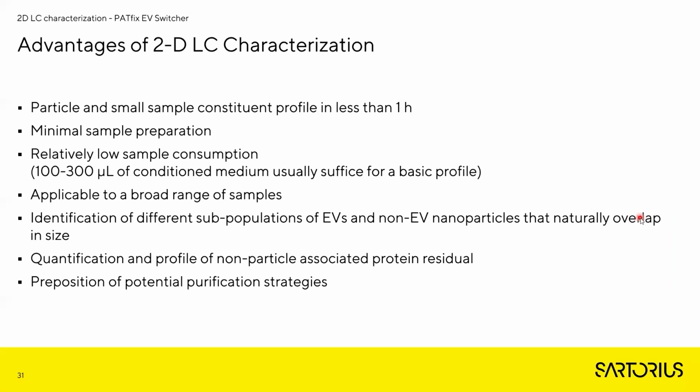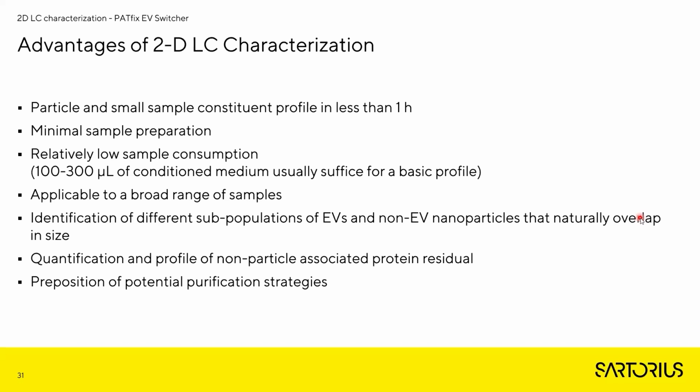So the main advantages of such a two-dimensional approach is that a general and very detailed profile is obtained in less than 1 hour. It requires minimal sample preparation, as the sample can be injected directly to the SEC.